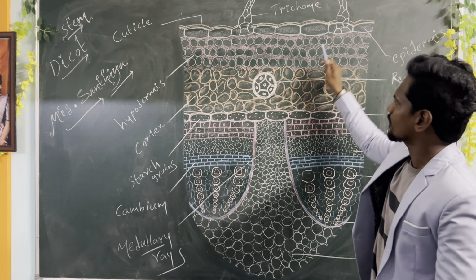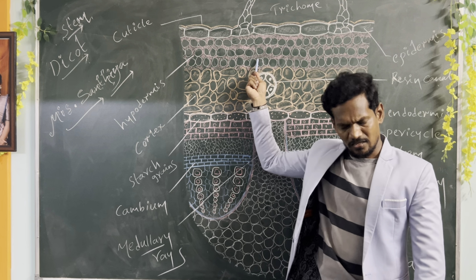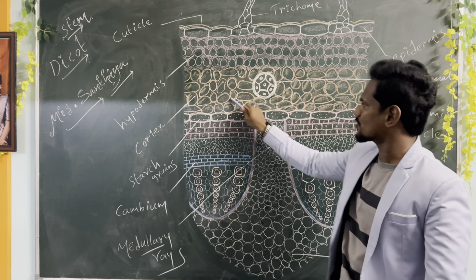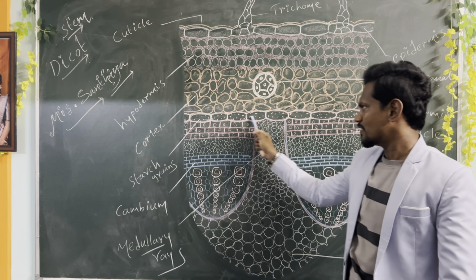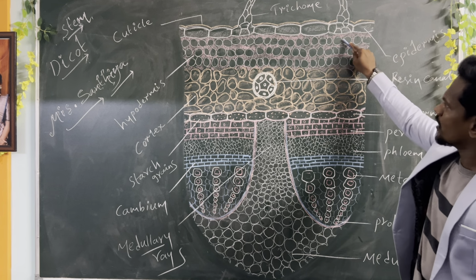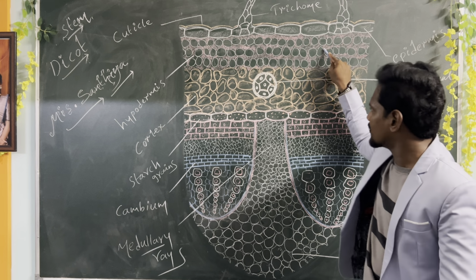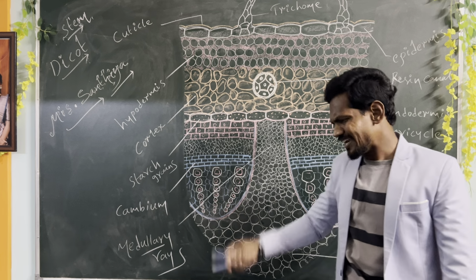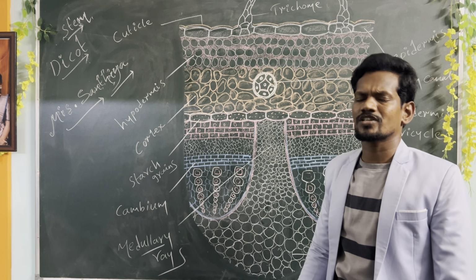Number 1, hypodermis or exodermis or outer cortex, then general cortex, then endodermis. Same as usual, root.